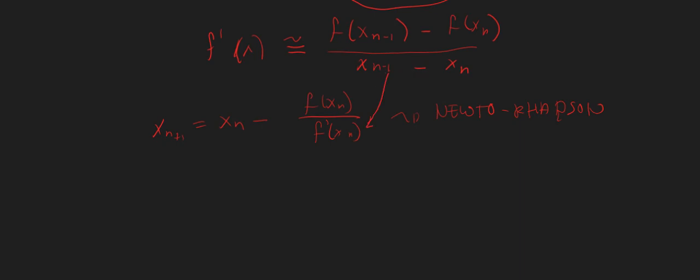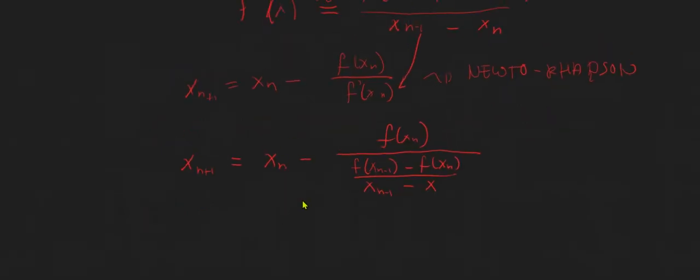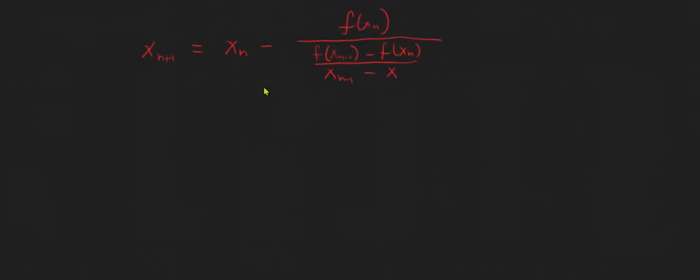So our new formula now will be xn plus 1 equals xn minus f of xn all over f of xn minus 1 minus f of xn, all over xn minus 1 minus xn. And if we simplify this one, our final formula now will be for xn plus 1.